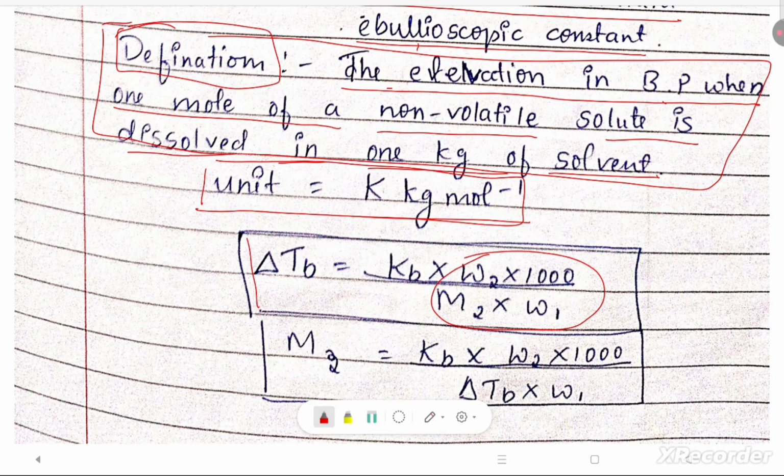This is the elaborated formula, very very important. They'll ask to calculate elevation of boiling point. If they ask to calculate elevation of boiling point, then you should use this formula. Kb is a constant, W2 means mass of solute, 1000, M2 means molar mass of solute, W1 means mass of solvent.